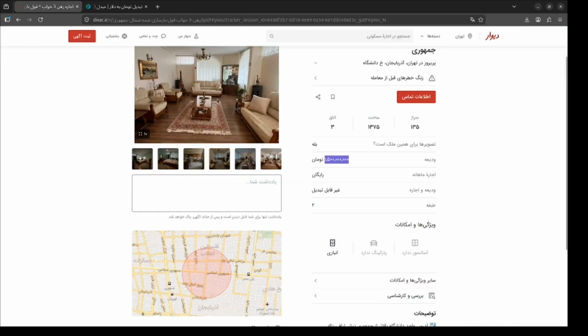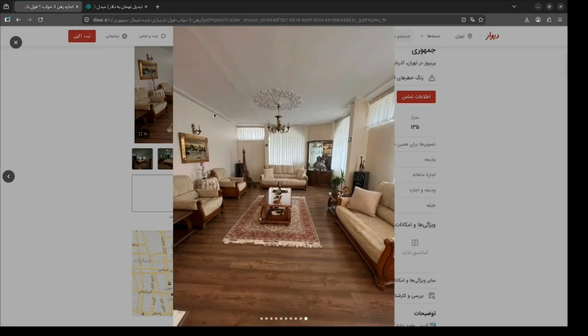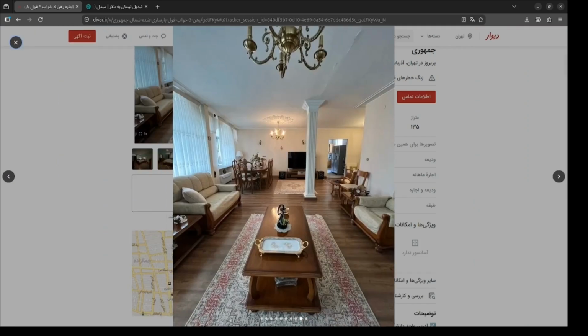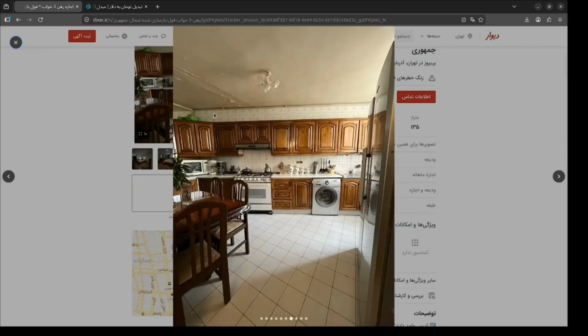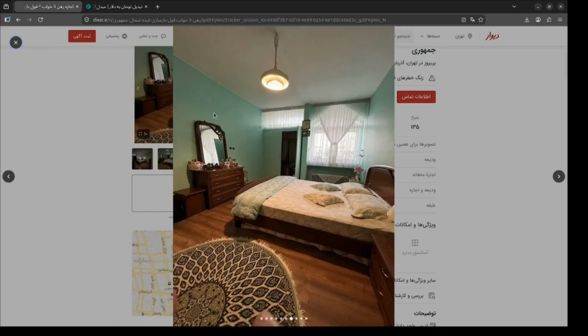Okay, let's just see the images first. It's a big house, and as you can see, almost better than the previous images. And a good kitchen, I suppose, but it's not a modern kitchen. It's an old design because the house is 30 years old, but it's also good.